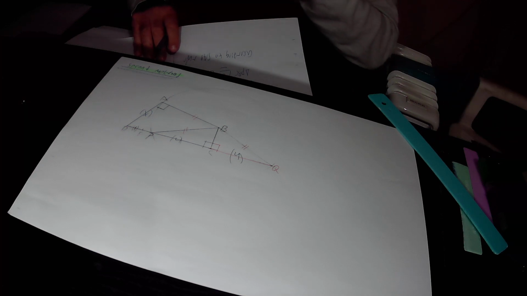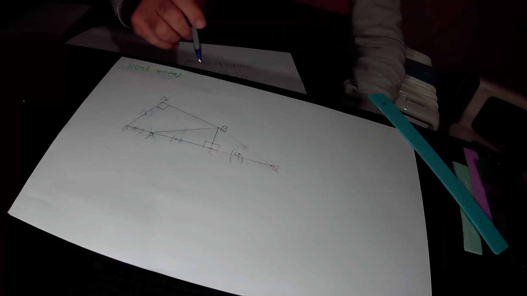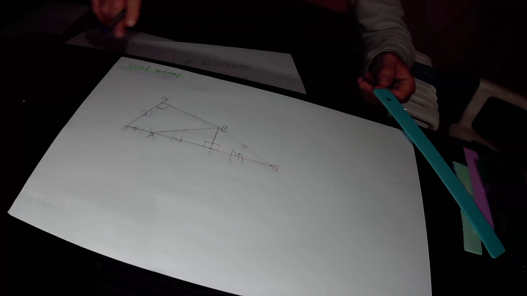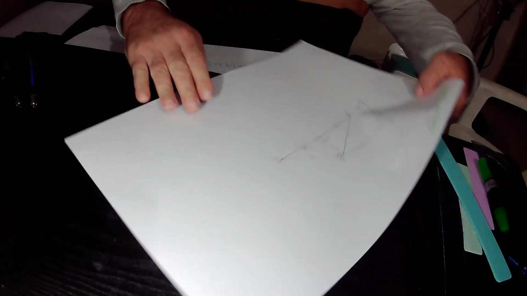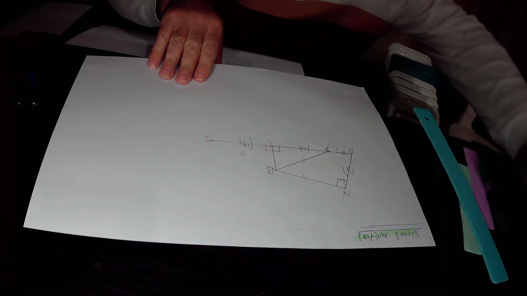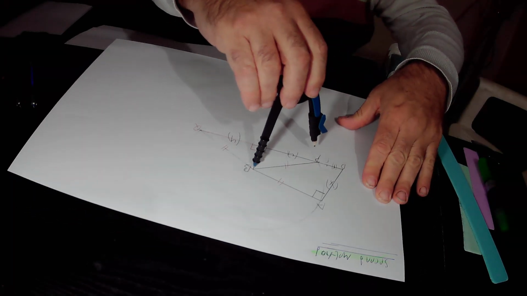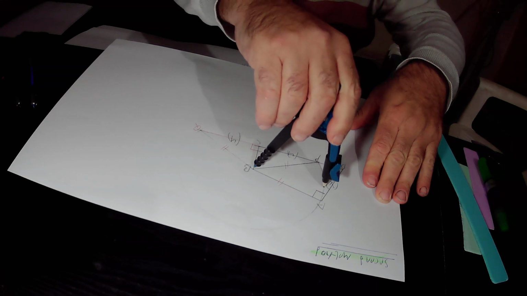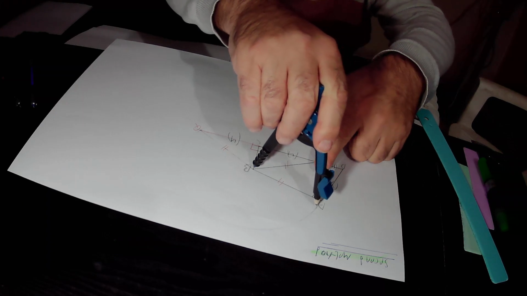That is to say, we draw a circle with the center B. The center B and radius AB.